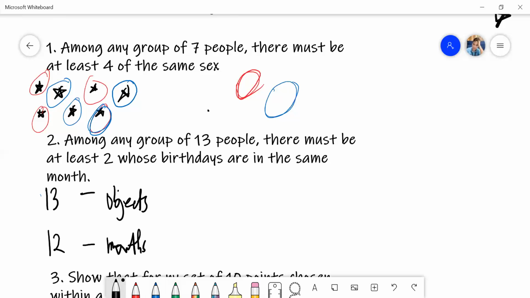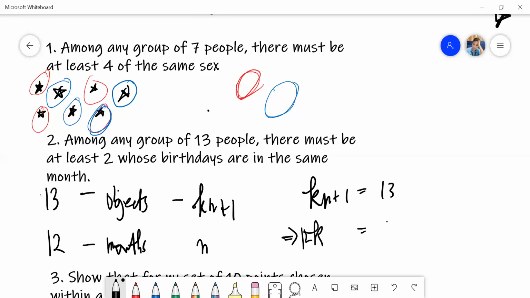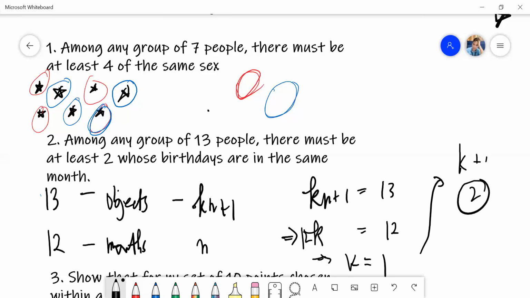So this is our kn plus 1, and this is our n. Which means that kn plus 1 equals 13, so 12k equals 12, which implies k is 1. Therefore, k plus 1 is 2. At least 2 are of the same birth month. That's it.